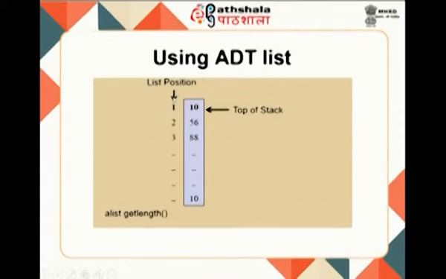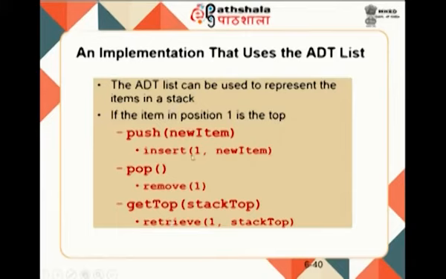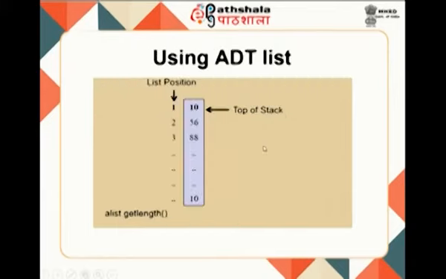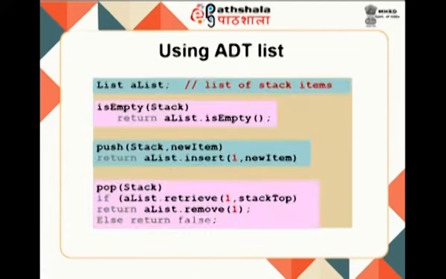Now, using ADT list, this is the top of the stack, this is my list and these are the positions of the list which we were using here, insert 1 1 1. Because we are representing the list like this, whatever is at 1 on top of that will be my access point to the stack. I can also have a list dot get length to account for the count.